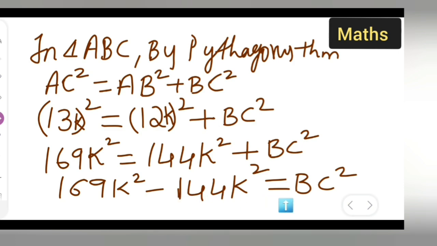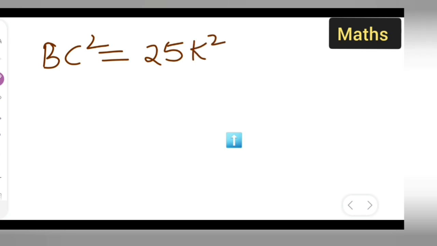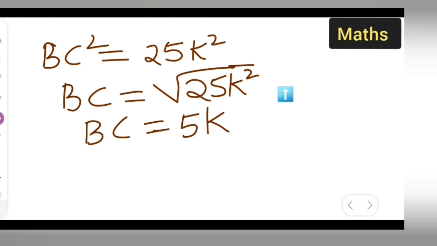So BC square is equal to 25k square. Now BC is equal to the square root of 25k square. The square root of 25 is 5, and I will get k, because the square and the square root cancel. So BC is equal to 5k. Now it is easy for us to find the sine.